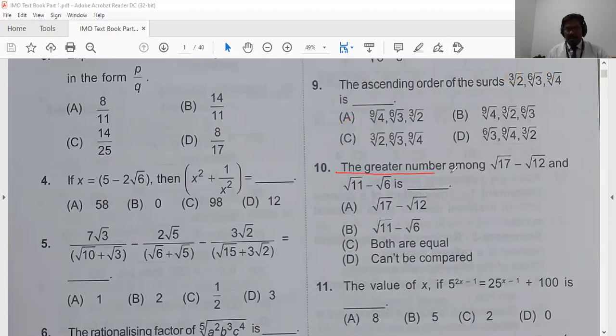The greater number among root 17 minus root 12 and the others. Okay, greater number. That means we have to find this value: around 4 point something, this is 3 point something, and this is 3 point something, this is 2 point something.